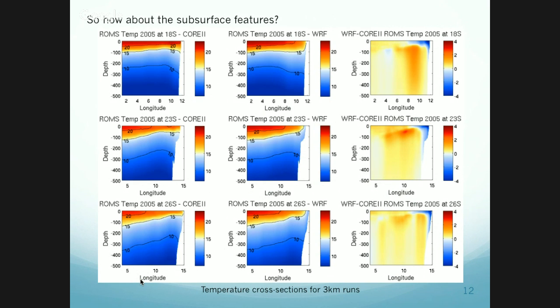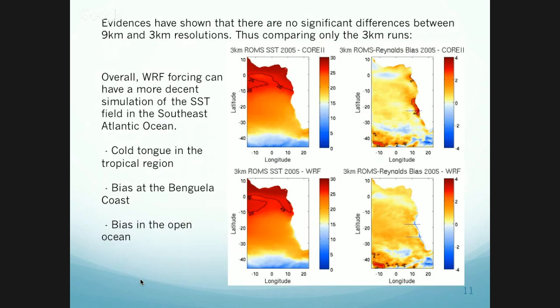Okay, so how about the subsurface features? Notice I drew some blue lines here. This one is at 23 degrees south, at the core of this warm bias. This one is 18 degrees south, and this one is 26 degrees south.